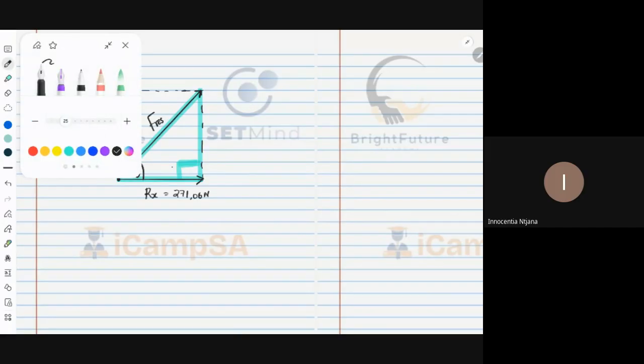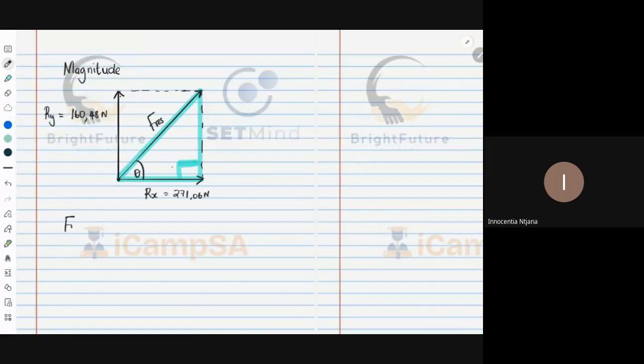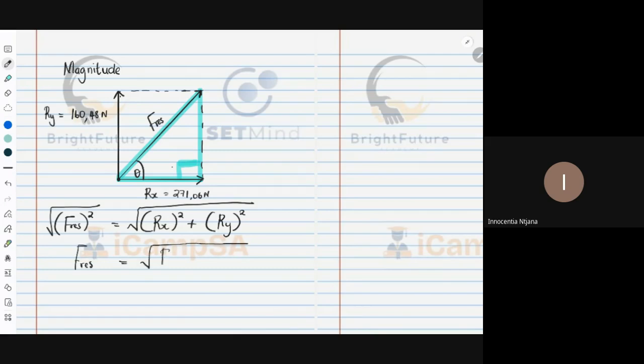Then from there, we just use Pythagoras theorem. So F resultant squared is equal to Rx squared plus Ry squared. Then we square root both sides. That means F resultant is simply the square root of (Rx) squared plus (Ry) squared.